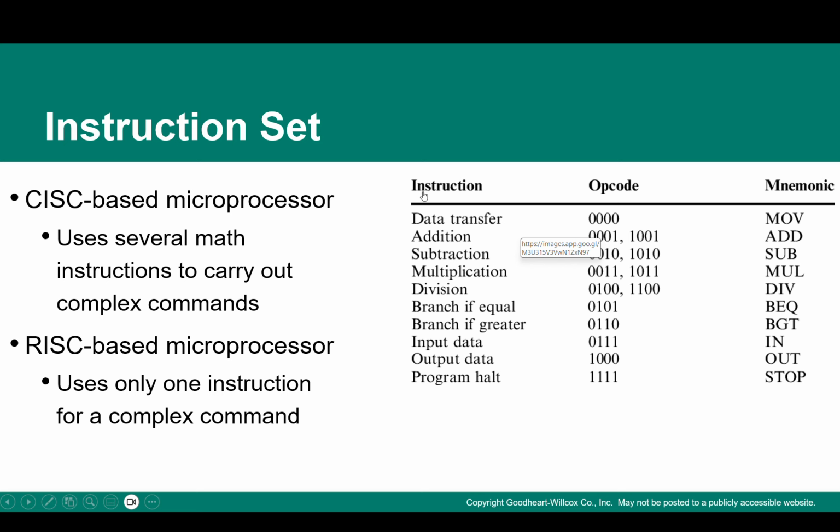So for a data transfer instruction, in assembly we will write the mnemonic MOV, and it gets converted into this opcode. This opcode gets fetched by the CPU or MPU in order to execute the data transfer instruction, or addition, subtraction, multiplication, division, or whatever operation you want to do.